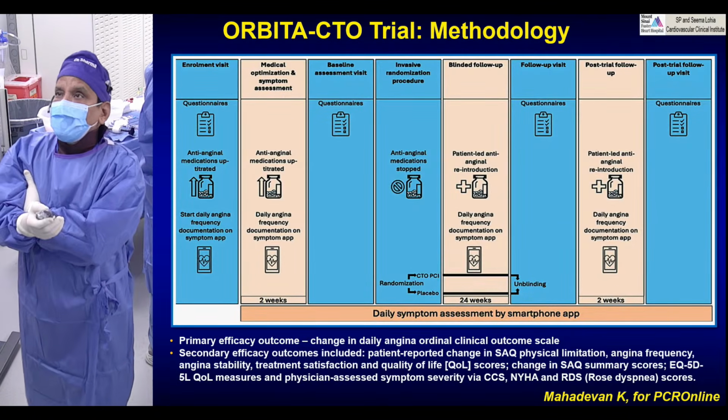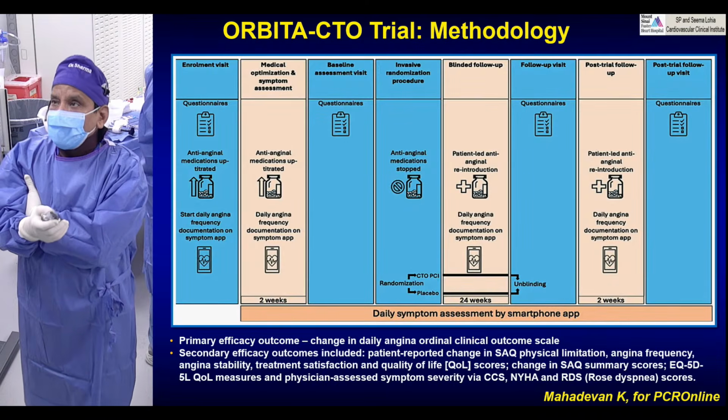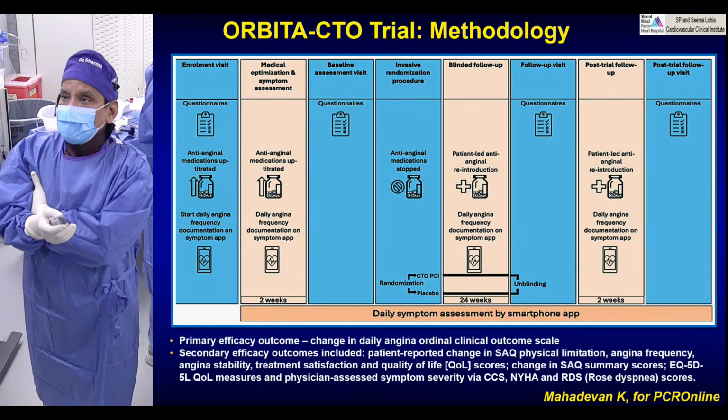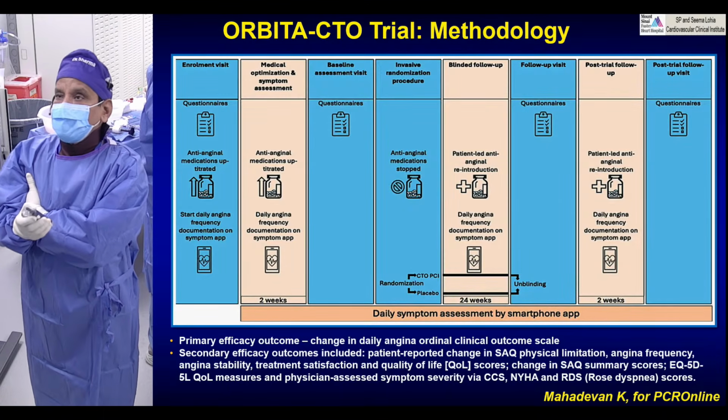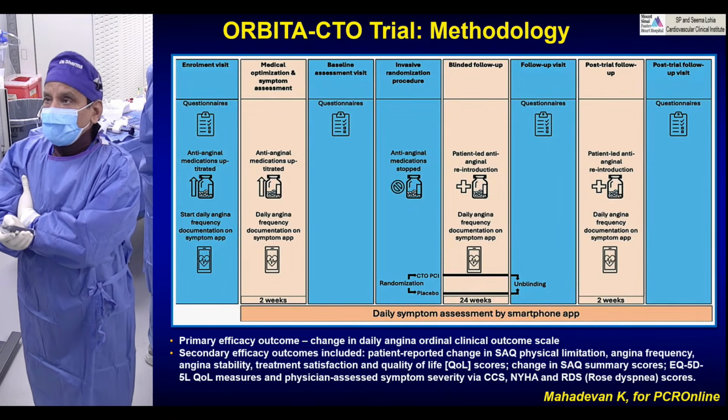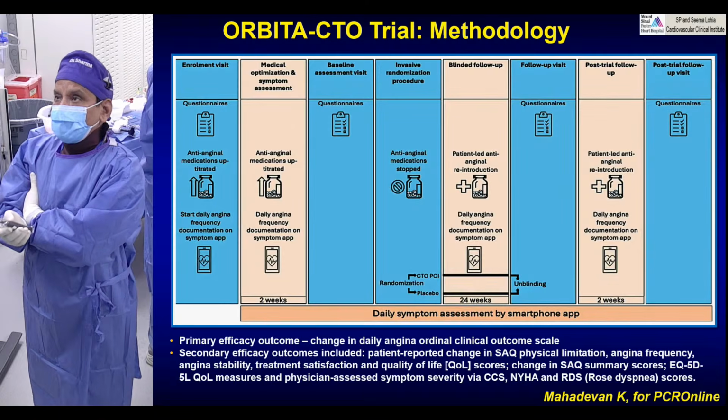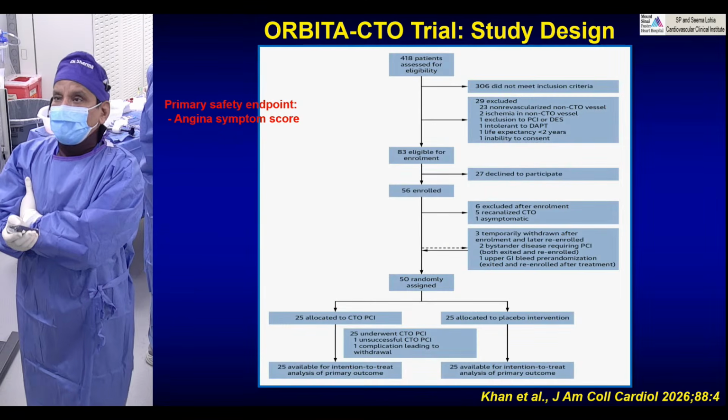The same way, the blinded follow-up. Then you go inside the coronary and do the angiogram in those patients, and as you can see, one group got the stent, another one just came out without putting in a stent. And then the patients are followed up.